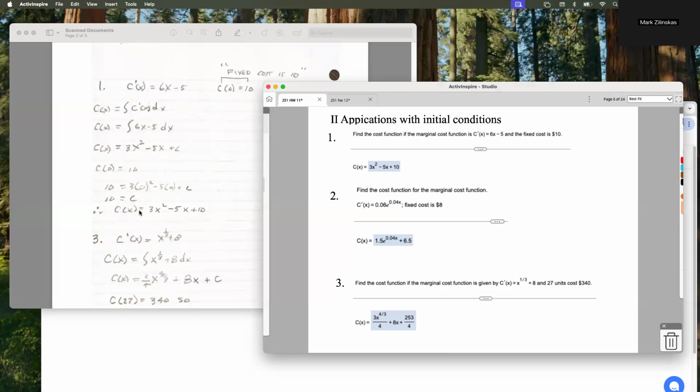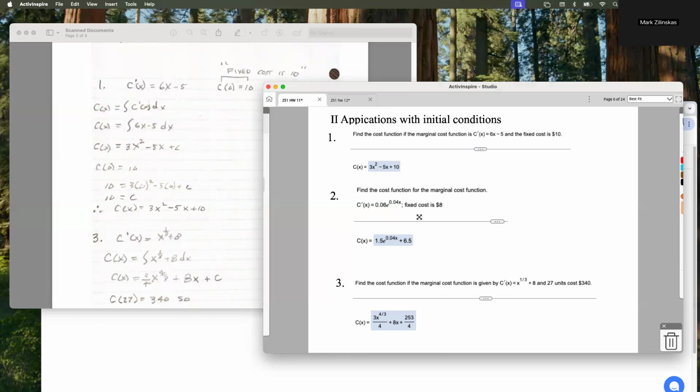And we get that here. It is c of x is equal to 3x squared minus 5x plus 10. So if I take c of 0, I'm going to get 10. And that's what we wanted. Obviously, if I take the derivative of this, I end up back with the marginal cost function, which is 6x minus 5.